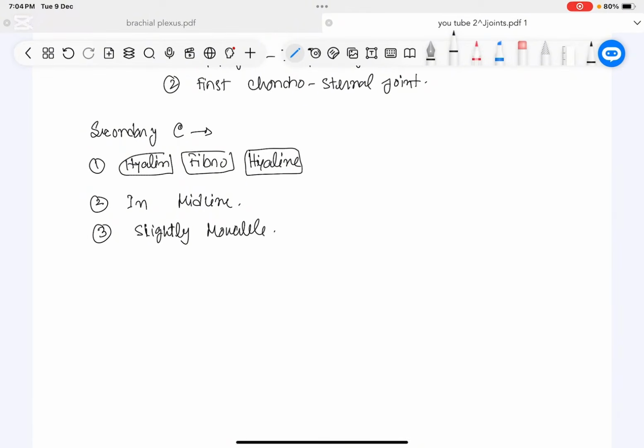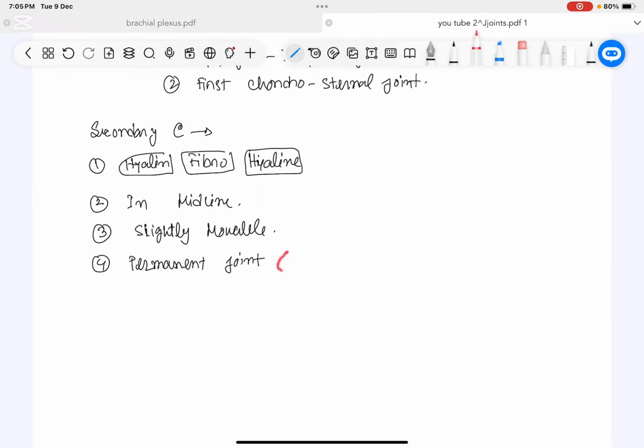So, primary cartilaginous joint was immovable and secondary cartilaginous joint is slightly movable. The fourth point we have to remember, it is a permanent joint. Primary cartilaginous joint was temporary and there was synostosis, and in case of secondary cartilaginous joint it is permanent, there is no synostosis.